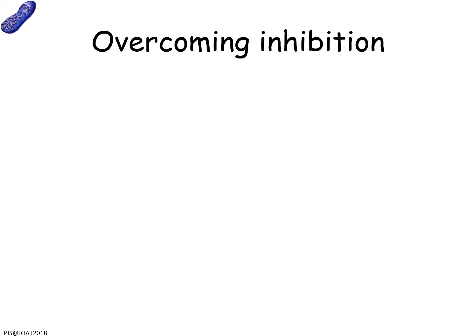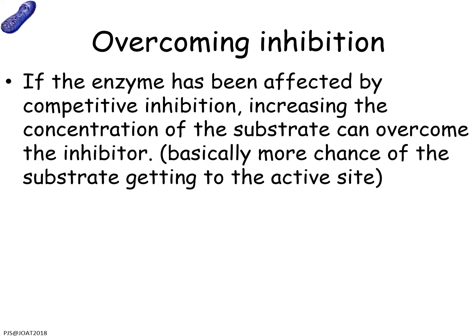So if you've got inhibition and it's competitive, then you can basically outcompete it just by increasing the concentration of the substrate. Because the more substrate you have relative to the inhibitor, the more chance the substrate has of getting to the active site. So you can overcome competitive inhibition by increasing the concentration of the substrate.